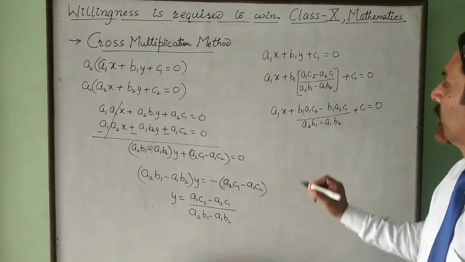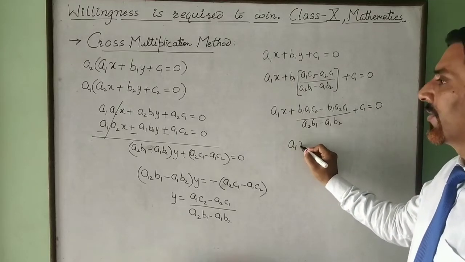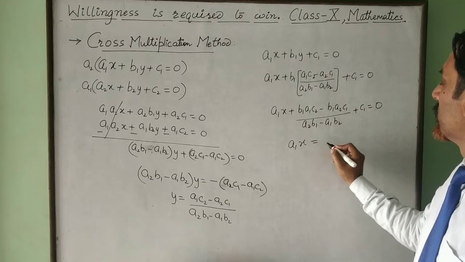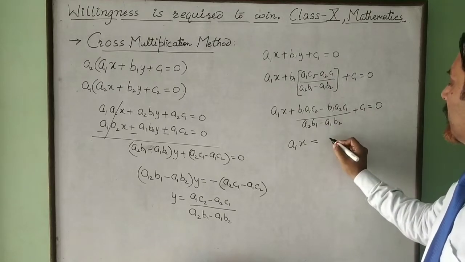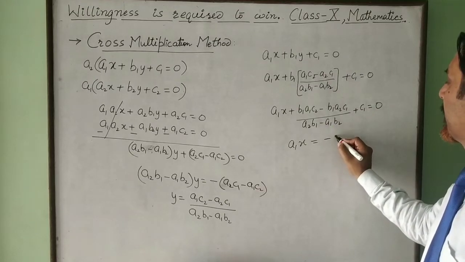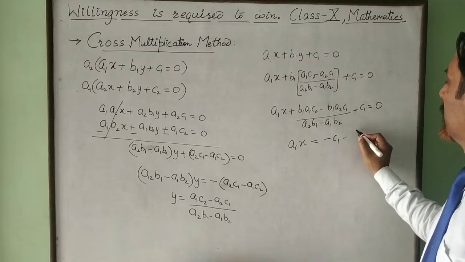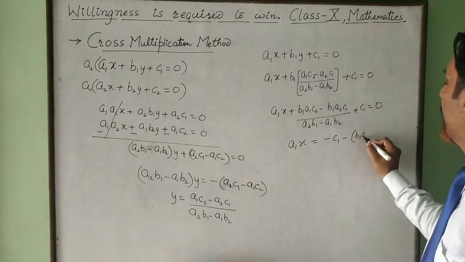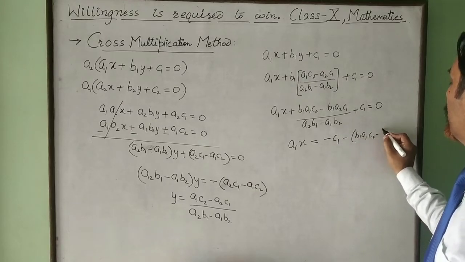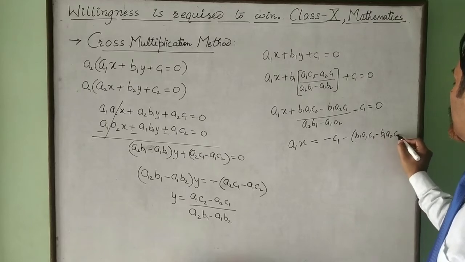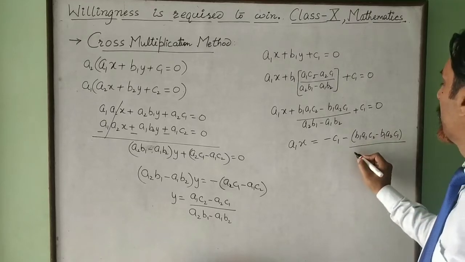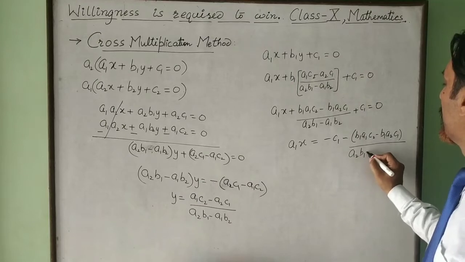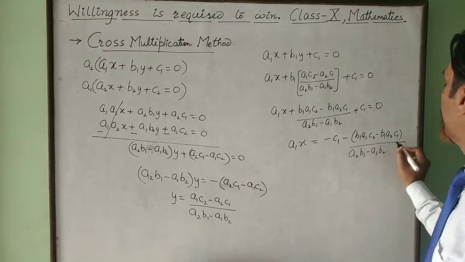From here we have a1x is equal to, if I shift everything to the right hand side, minus c1 minus b1 a1 c2 minus b1 a2 c1 upon a2 b1 minus a1 b2.